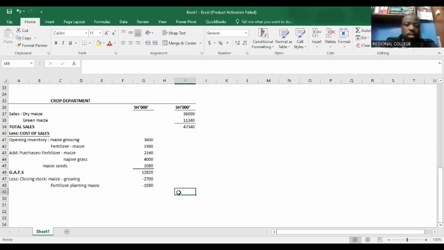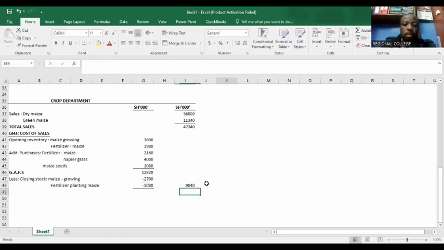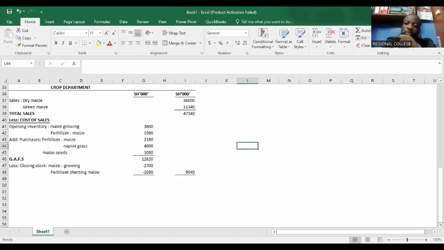Then only those ones. So how much will be our cost of sales? So that is our cost of sales. Then you can get our gross profit.